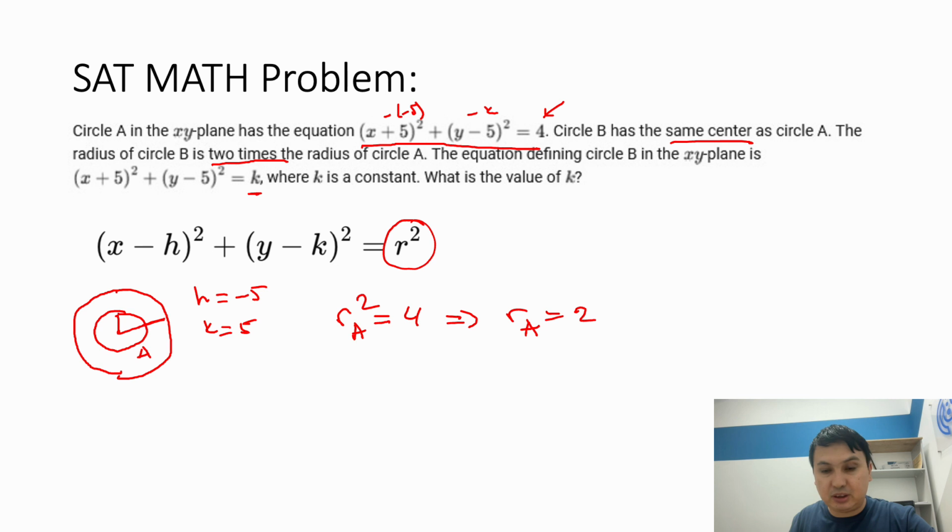But we know that the radius of circle B is twice as large as the radius of the smaller circle, so the radius of circle B is 2 times the radius of A, which is 4. But then if I put this back, what is k? We know that k is the r squared. For my B circle, since the radius is 4, I need to square it, so this is 16, so k must be 16.